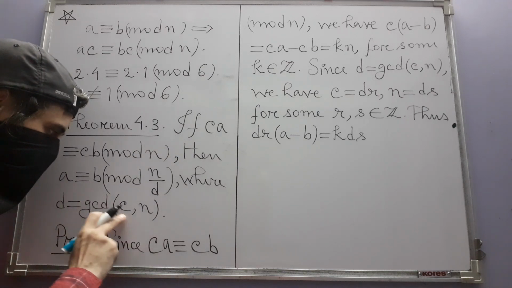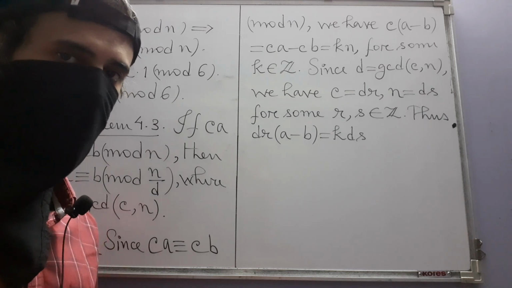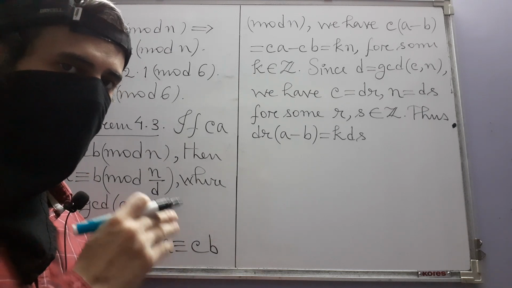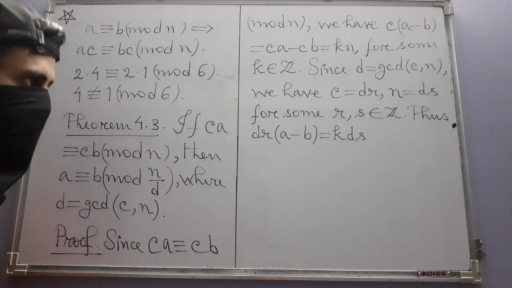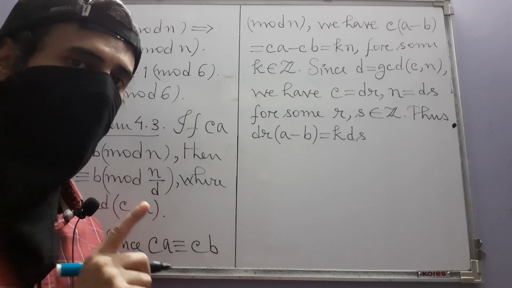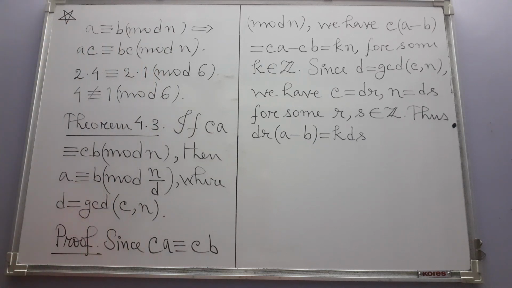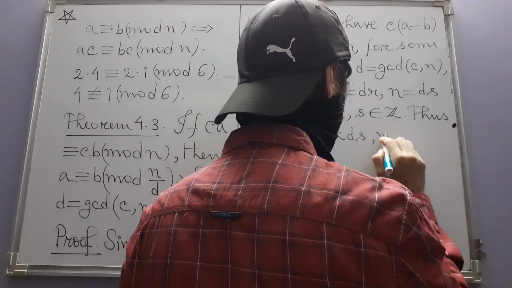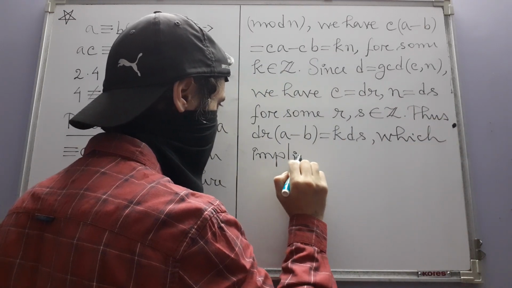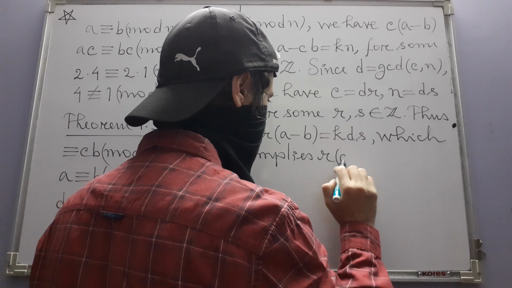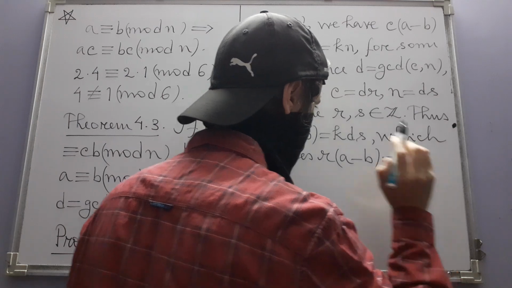Because d is the GCD of c and n, and GCD by definition is non-zero. In fact, it's positive. GCD of any two integers, at least one of which is non-zero, whenever it exists, is by definition a positive integer. Okay, so that's why we can cancel d from both sides, which implies r times a minus b is equal to ks.